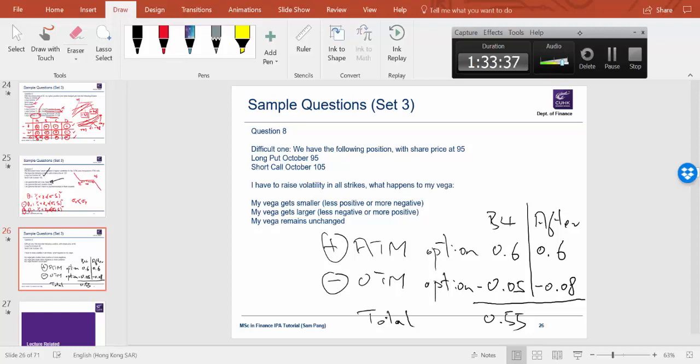Just make up some imaginary numbers, okay? So your total will be like this. So which one is the right answer? Your Vega is smaller. Okay?